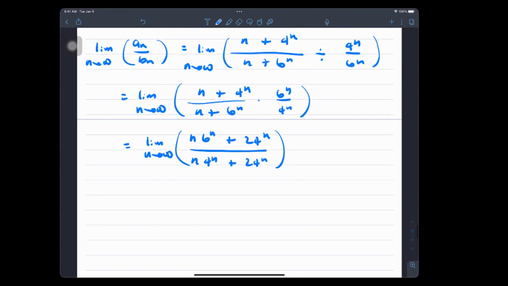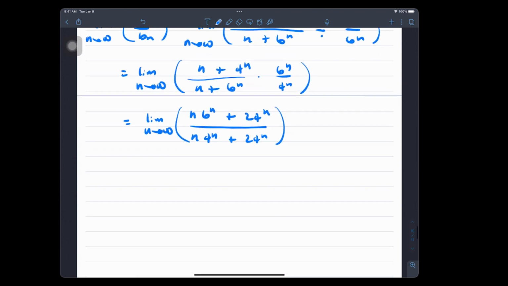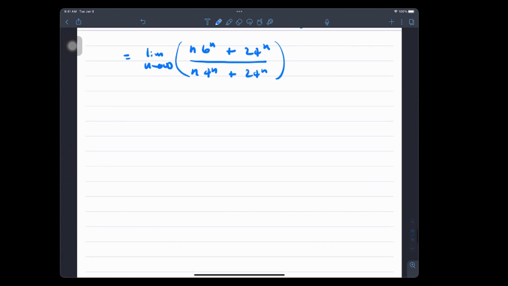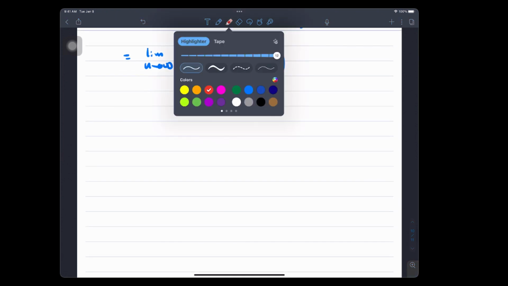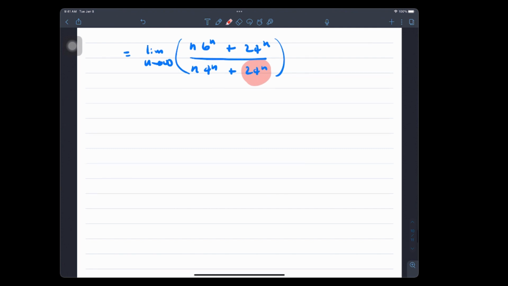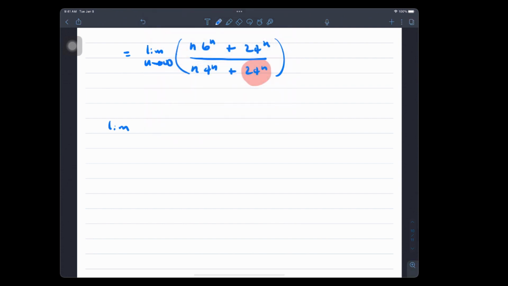Okay, so then the question is going to be now, well, what do we do with this? Well, we're going to try a calculus 1 approach, I think. Okay. Divide every term by what? That 24 to the n. Let's see what we get.